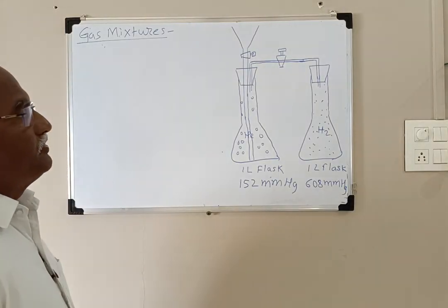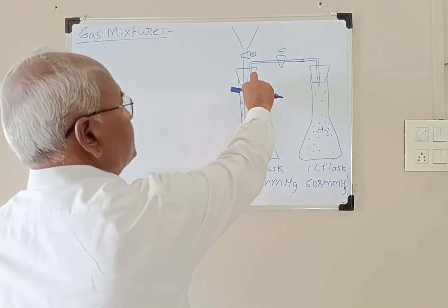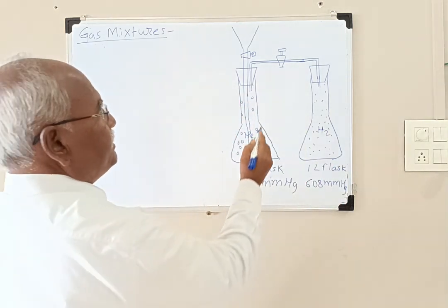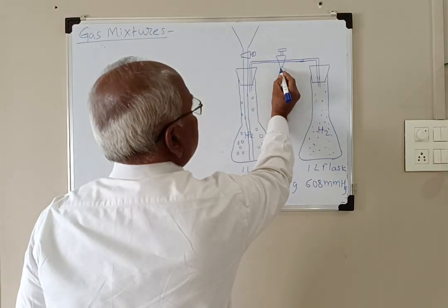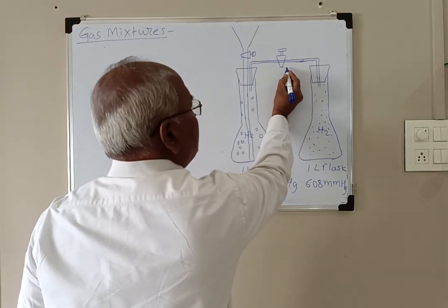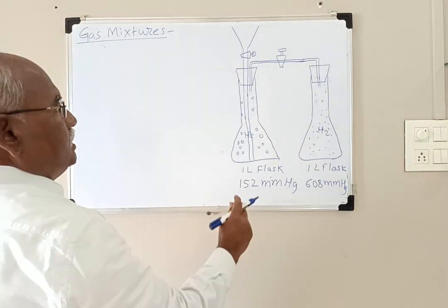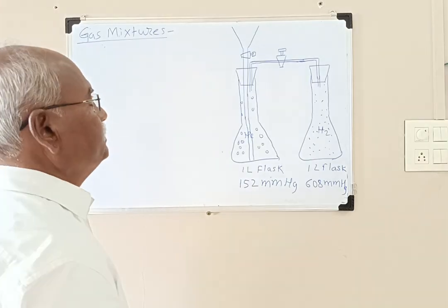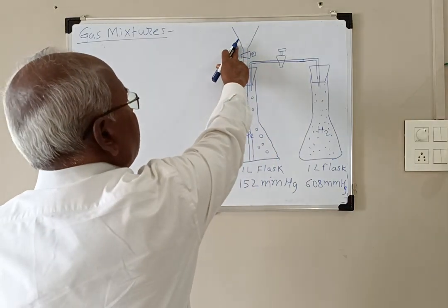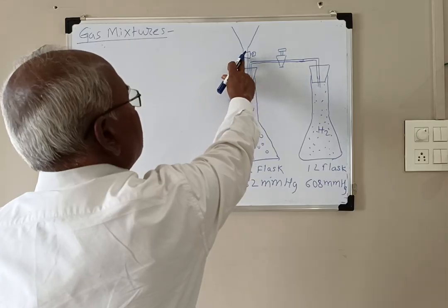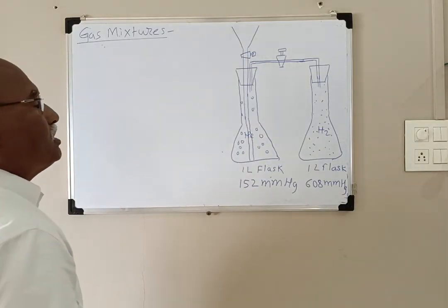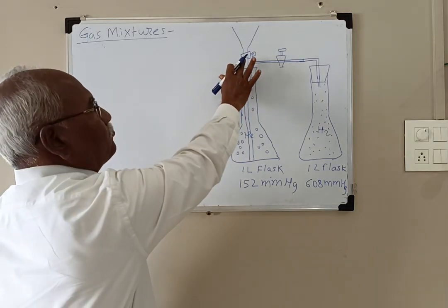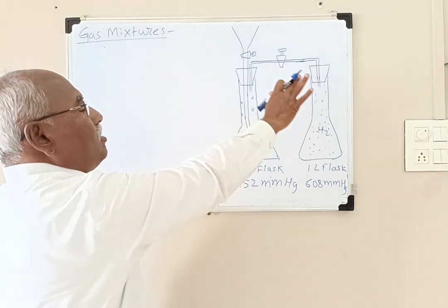The two flasks are connected by a glass tube, and here is one valve or one cork. This flask is also fitted with a funnel having a cork.